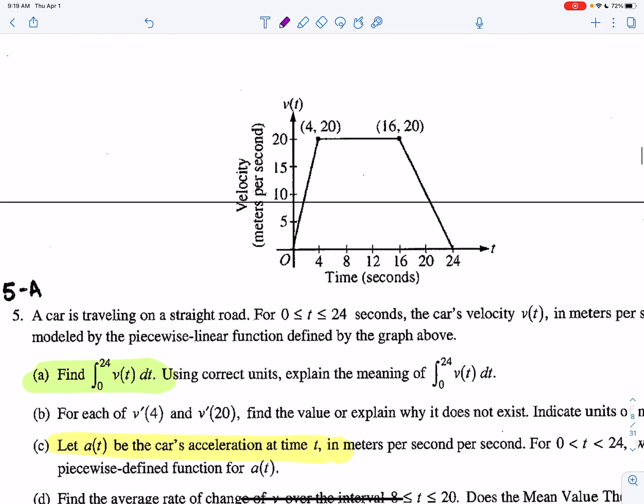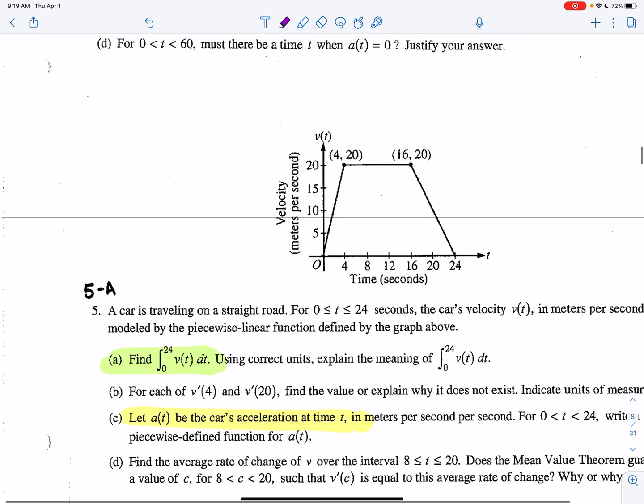Okay, so we'll do the entire part A here, because it still serves the same purpose. In 2005, we're going to do part A. It says, find the integral from 0 to 24 of v of t dt. And in this picture, we have the graph of v of t. So this is where you have to make an effort to connect the dots.